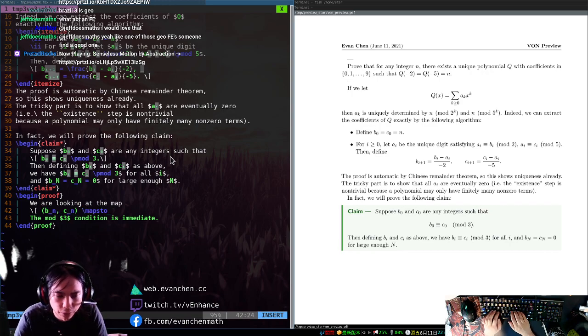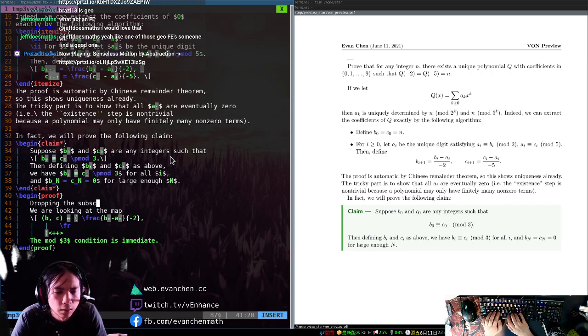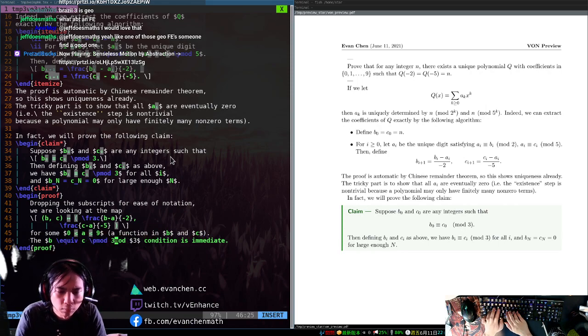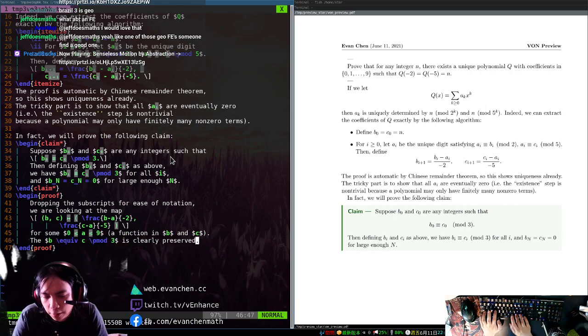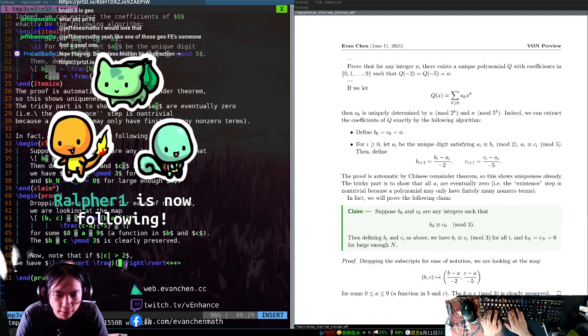Bn, Cn maps to Bn minus A. For some 0 less than... now, note that if c greater than 2, we have c minus a.